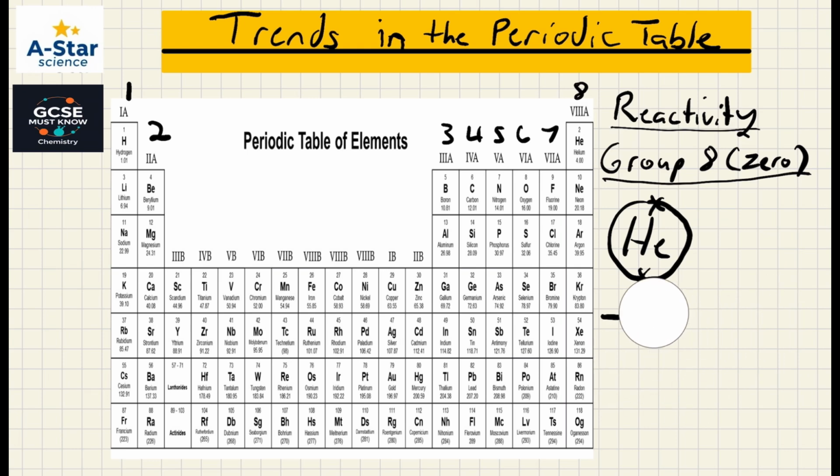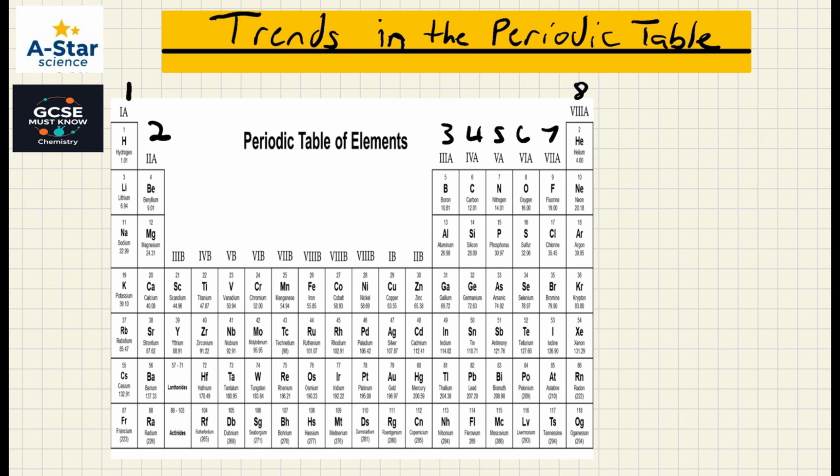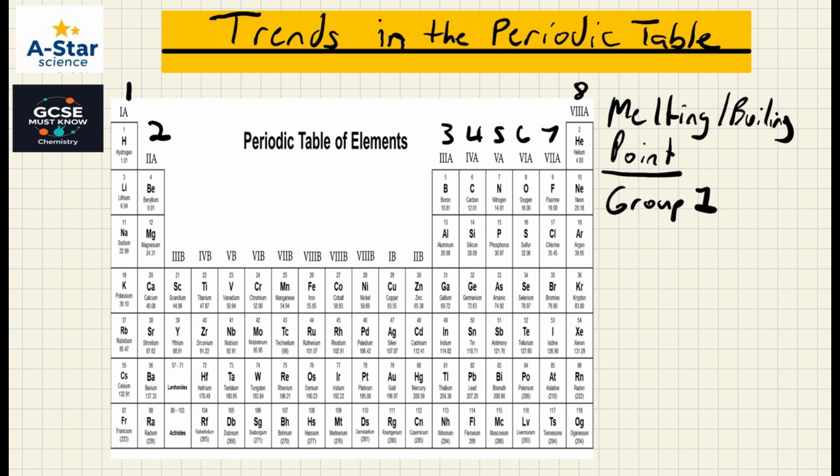Now, there's another trend in the periodic table that you need to know for your GCSE, and this is the melting and boiling points. How does the melting and boiling point change as you go up or down the periodic table? So for group 1, as you go up the group, the melting point increases.